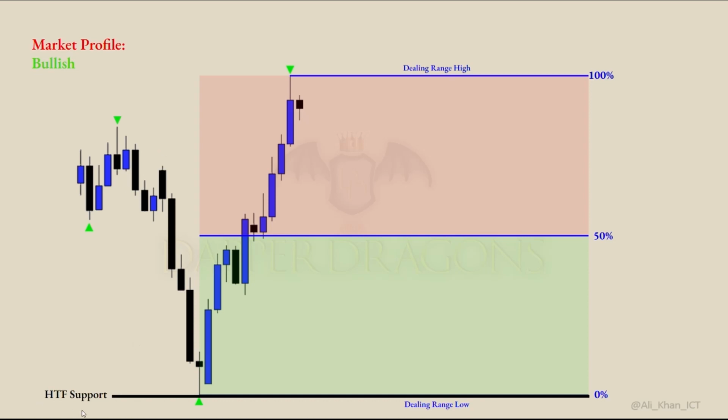Price comes into a higher time frame support level and we've moved away from it, forming the dealing range. Now, once we're at this stage and we've seen a break in market structure, our eyes are now hunting for the optimal trade entry area. We want to wait until price comes down below the 50% area and into our optimal trade entry area.